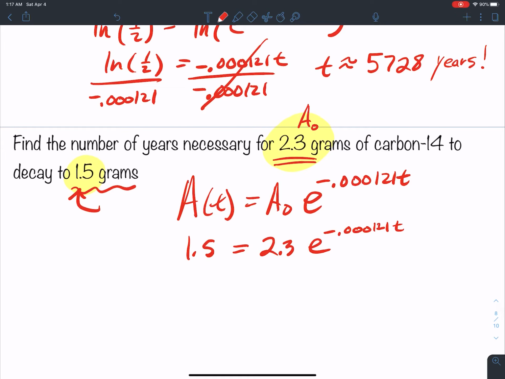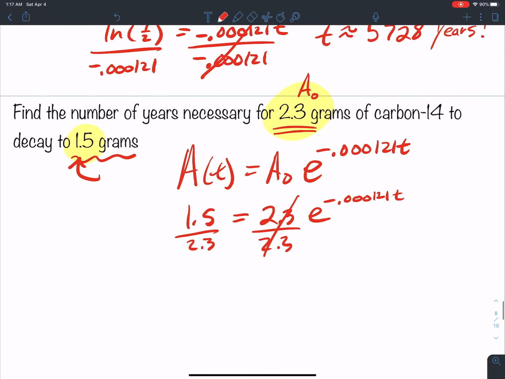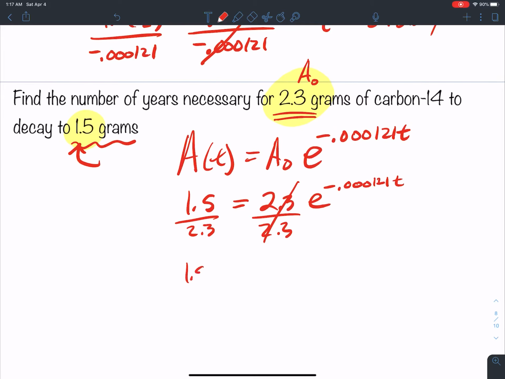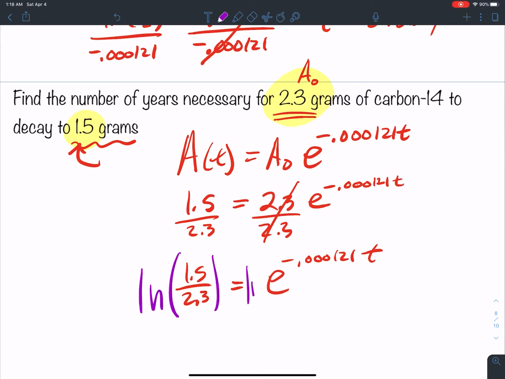So how do I solve for t? Divide both sides by 2.3. Okay, so now I've got 1.5 divided by 2.3 equals e to the negative 0.000121 t. So what do I do from here? I ln both sides, and it gets rid of my e.